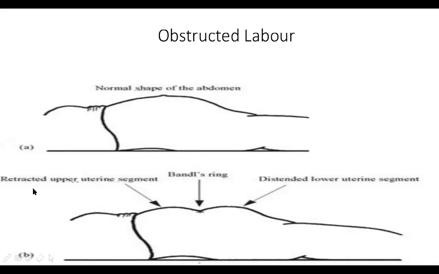It is a retracted upper uterine segment and a distended lower uterine segment, meaning the upper uterine segment is retracted and the lower uterine segment is more distended compared to the upper part. This form is called Bandl's ring, which is seen in which condition? Is it in the normal? No, it is not normal. It is seen in obstructed labor.